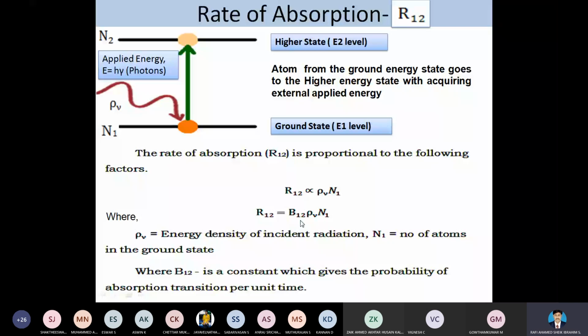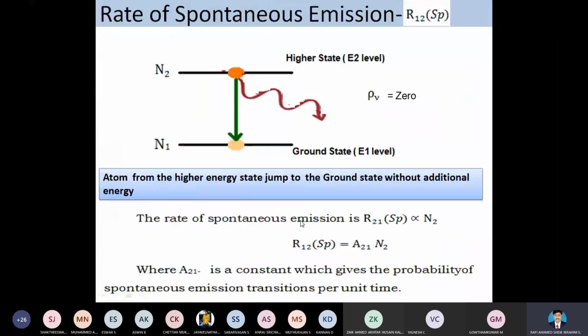Now the second one. Imagine that now the atom is in the higher state, not in the ground state. When the higher state atom jumps to the ground state without any additional energy, and we have not shown any additional energy, this process is called the rate of spontaneous emission.